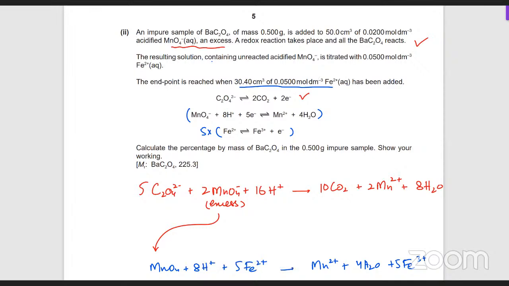That's 6.33 times 10 power minus 5, right? So using the ratio 5:1, calculate the amount of MnO4 that's left after the first reaction.